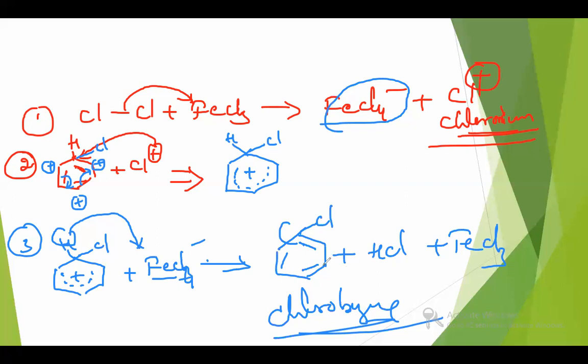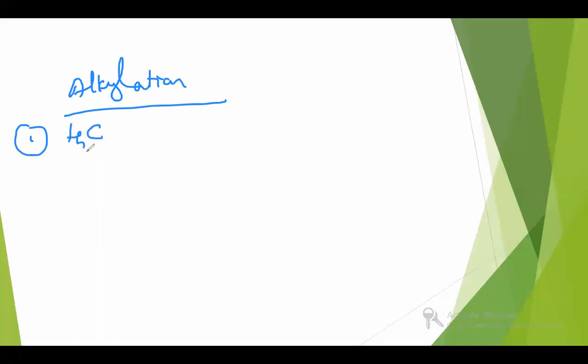Next, mechanism of Friedel-Crafts alkylation of benzene and acylation of benzene. Next is Friedel-Crafts alkylation first. Next we'll see acylation. Alkylation uses an alkyl halide. In the first step, generation of electrophile. Methyl chloride CH3Cl is treated with a catalyst like aluminum chloride, AlCl3.